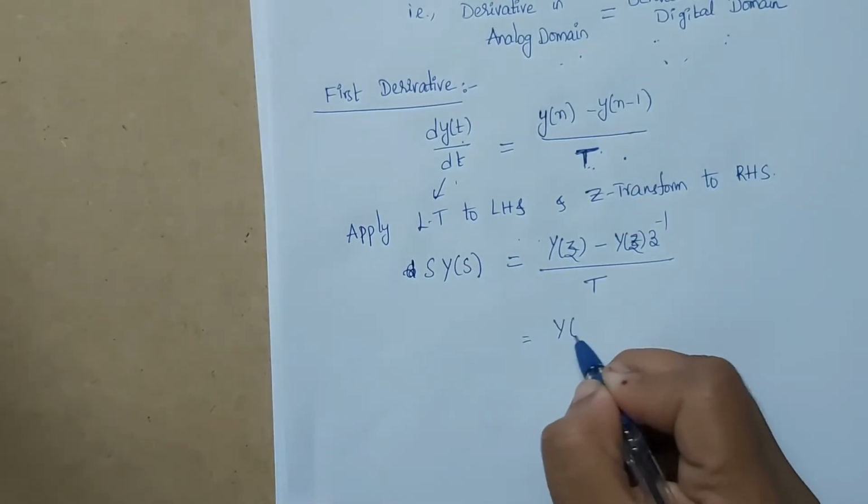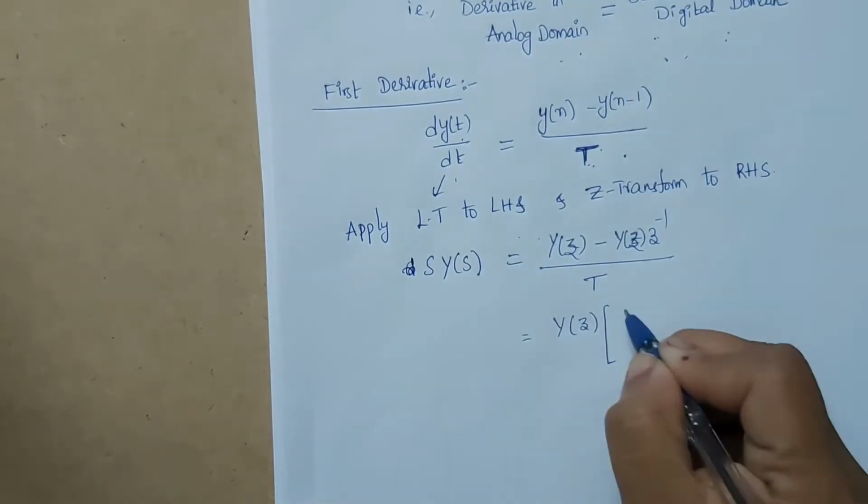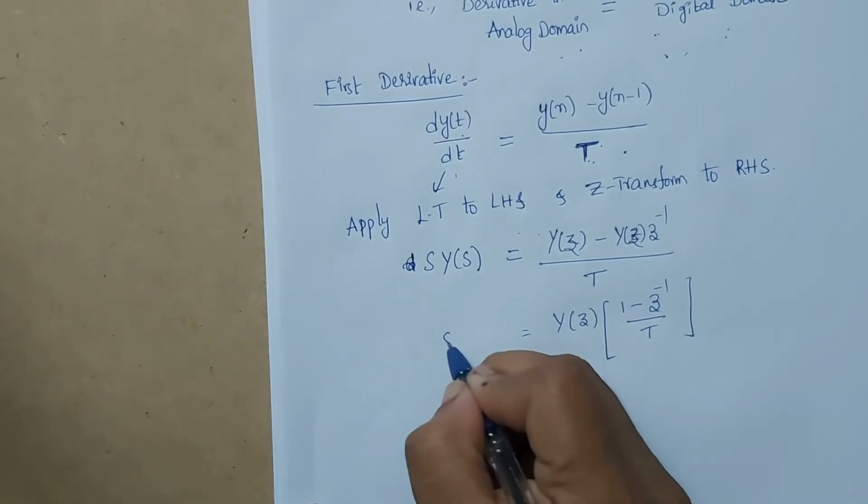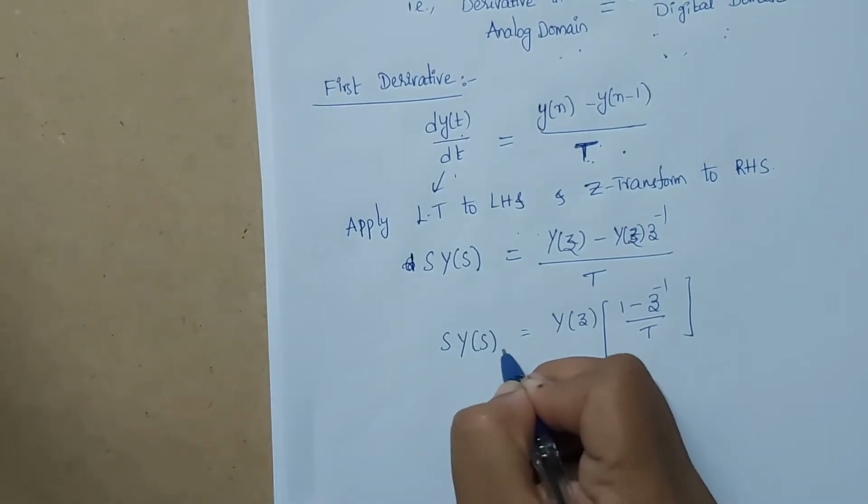Taking y of z common, we get y of z into 1 minus z inverse by t. This is s into y of s.